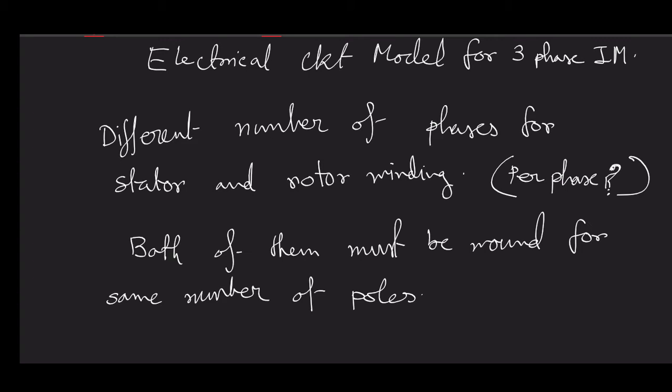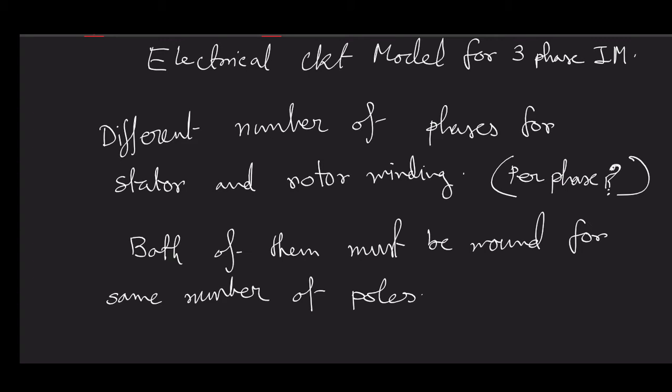Try to understand here: unlike a transformer, in case of an induction motor we can only get the equivalent circuit model from the stator side, because the rotor side is mechanical. The mechanical side we cannot access. Only from the stator side can we get an electrical analogous viewpoint.